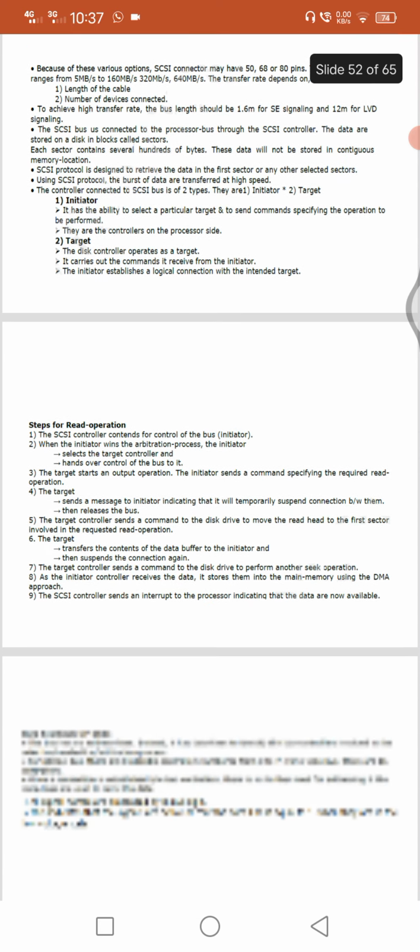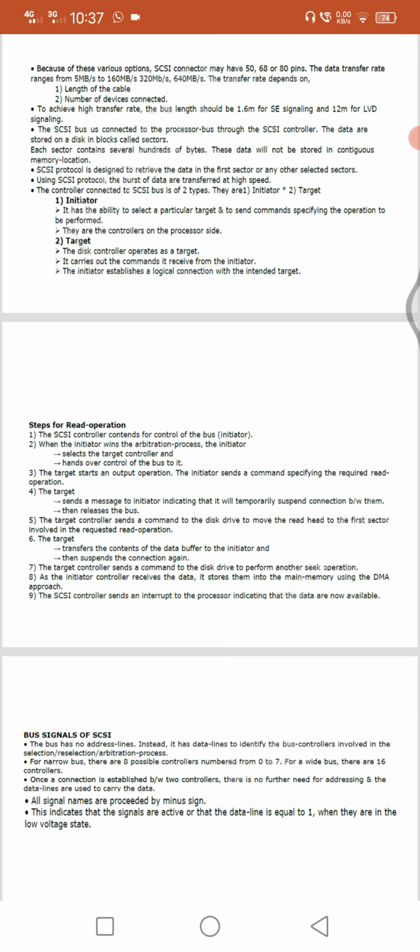Steps for a read operation. The SCSI controller contends for control of the bus; that is the initiator. When the initiator wins the arbitration process, the initiator selects the target controller and hands over control of the bus to it. The target starts an output operation.